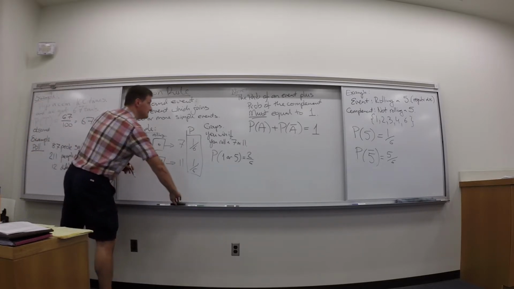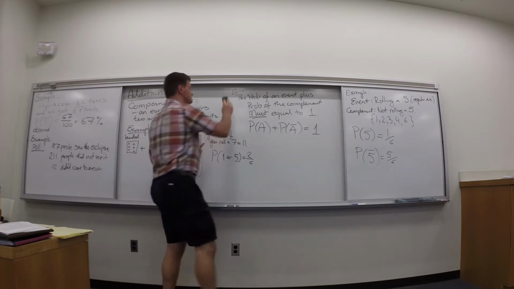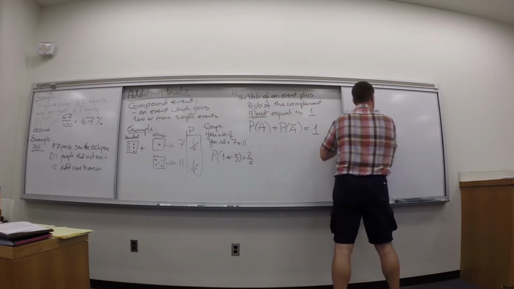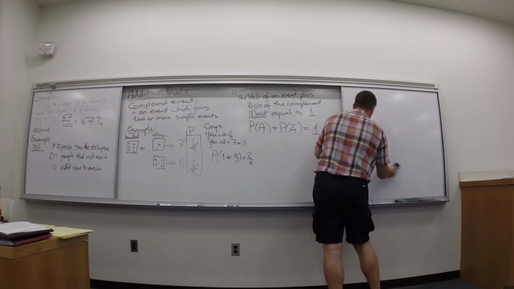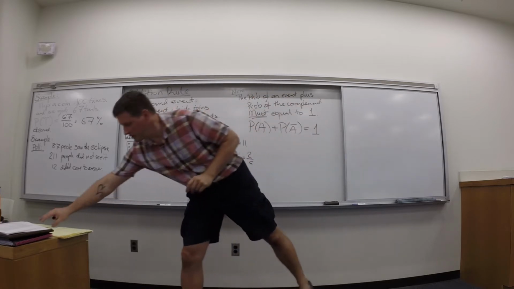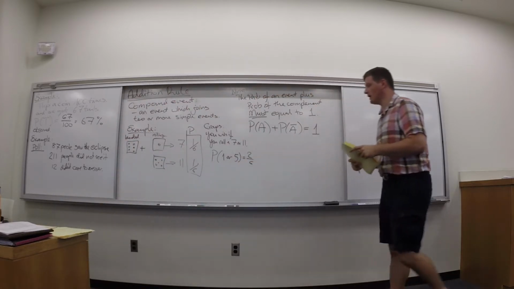All right. Let's go here. So I have this notation here, probability of 1 or 5.